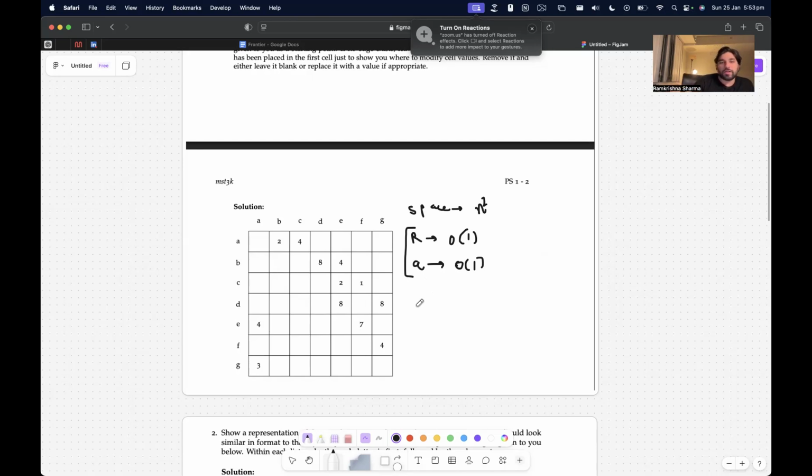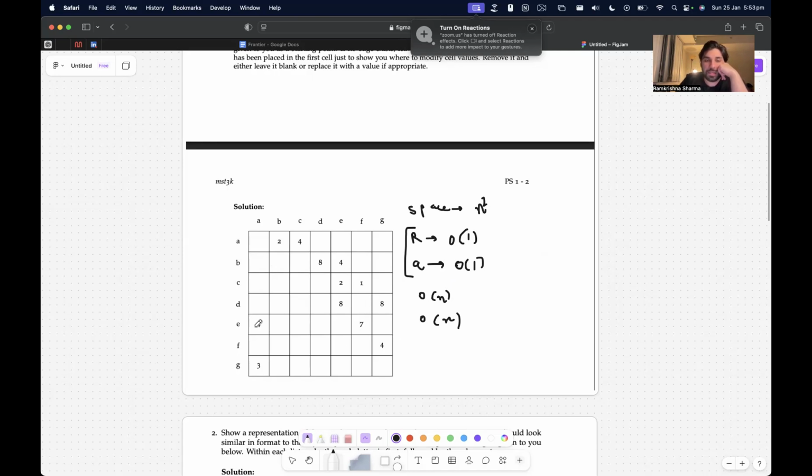If you wanted to find all of the incoming neighbors, you would end up checking a particular column, so it's order of n. And if you wanted to find the outgoing neighbors, again, you would check a row, and so that's order of n.